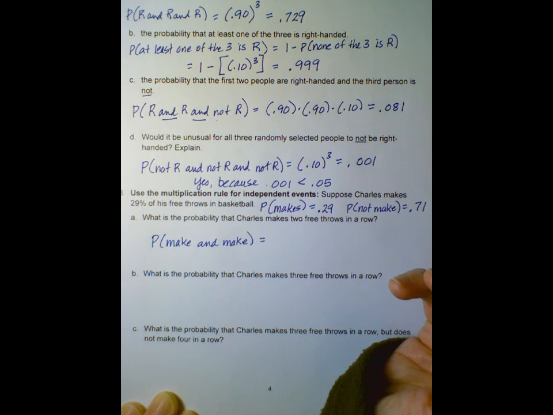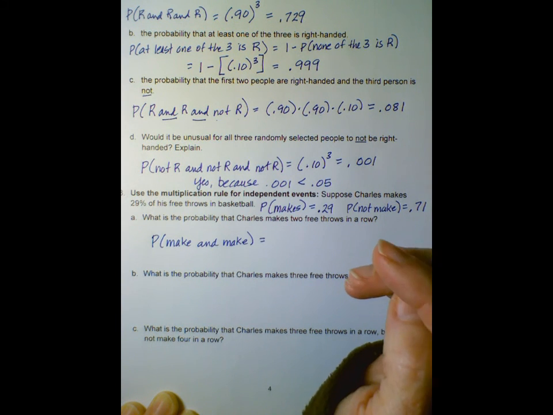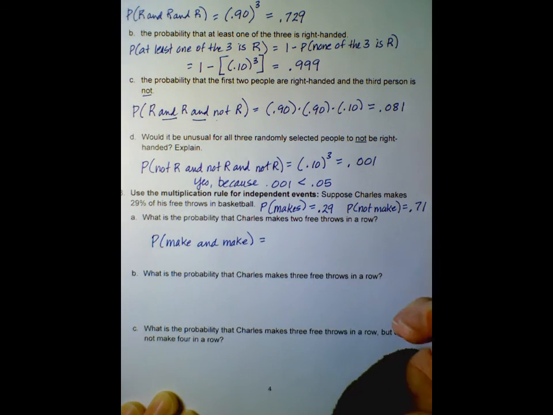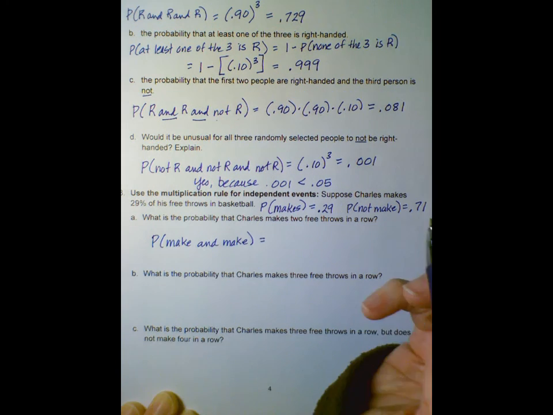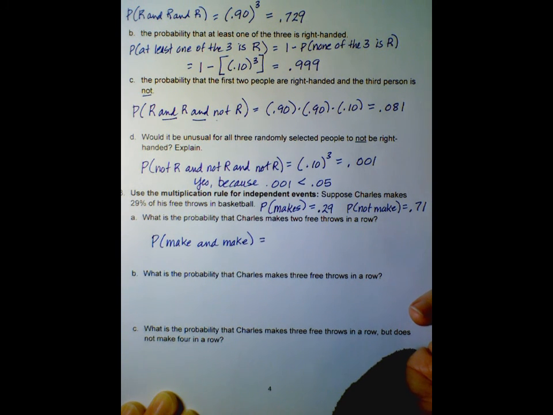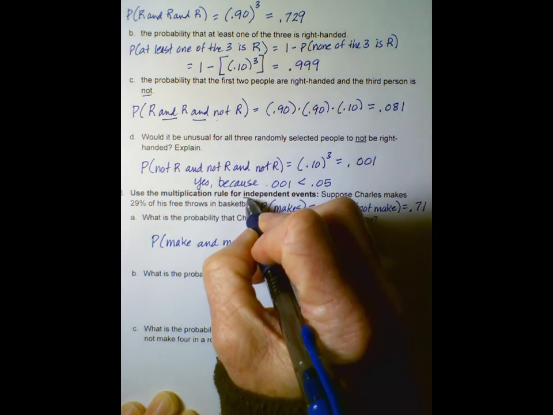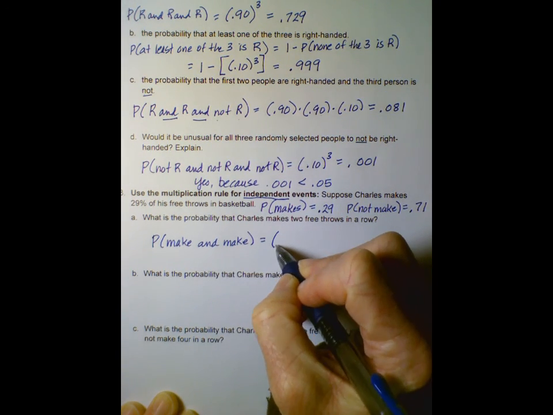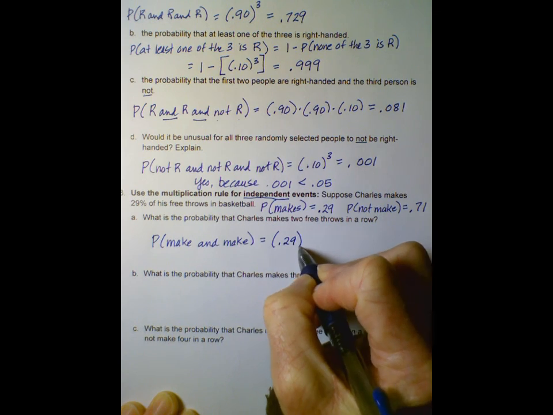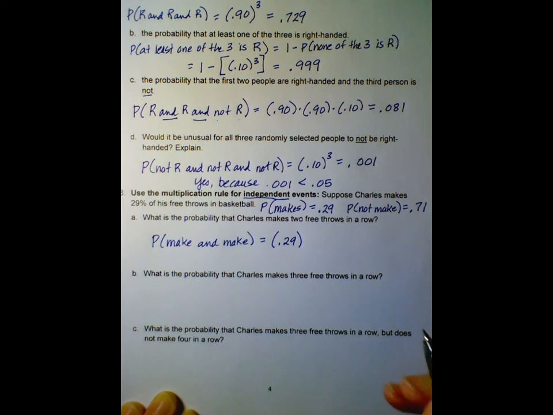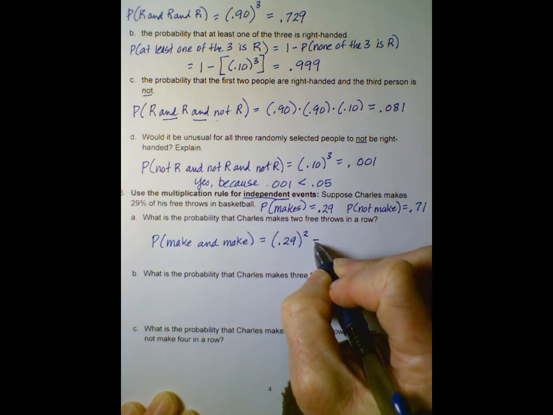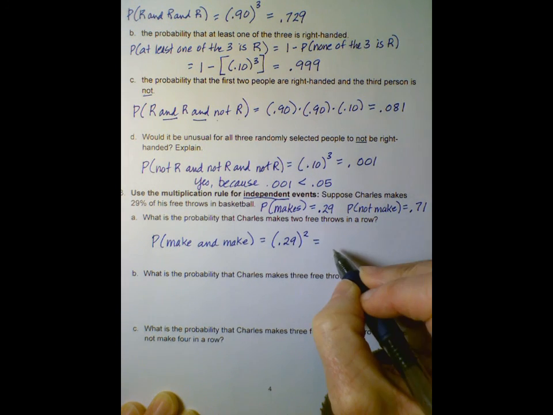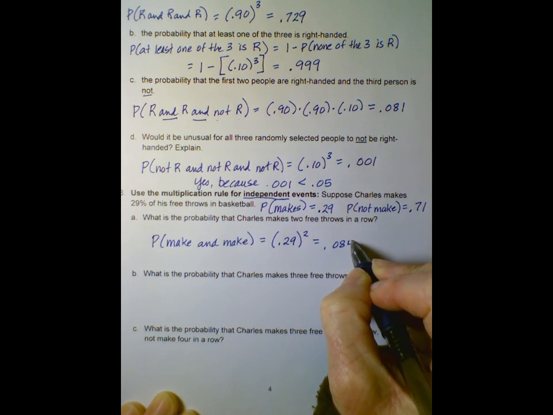The probability of him making the second one is not affected by the fact that he's already made or not made the basket before. So maybe this did say independent events, so they're telling us these are independent. Okay, so the probability makes the first one is 0.29 and the second is 0.29. So I'm going to use my shorthand here and raise it to the second power and get 0.084.